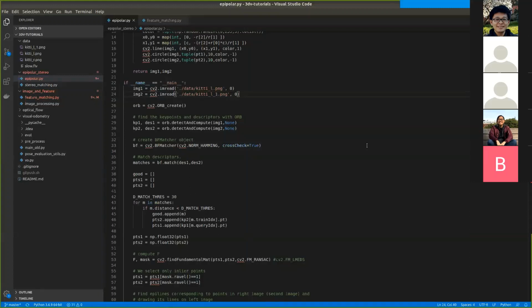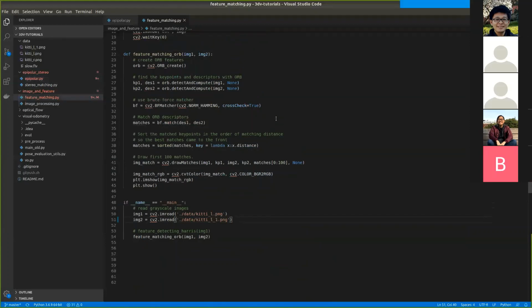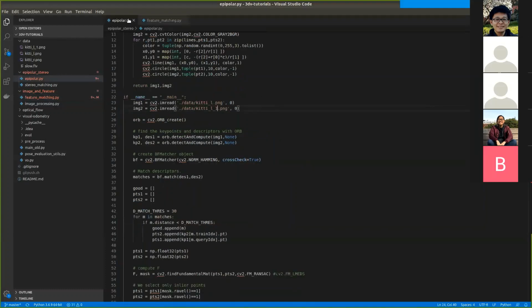And Yafei? Yeah. For the feature matching, we are not using the RANSAC method, is that right? Yeah, I think the RANSAC is in the fundamental matrix estimation.